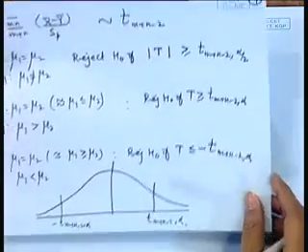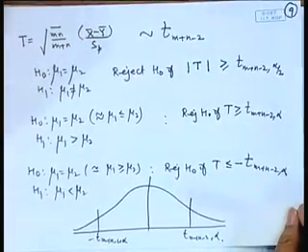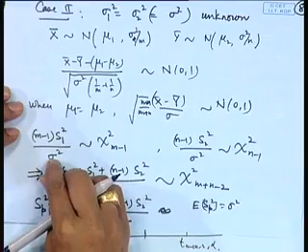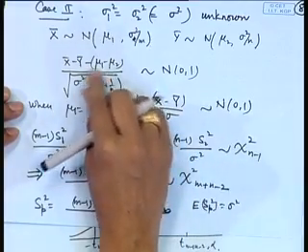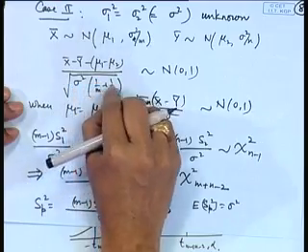On the other hand, there may be a situation where sigma 1 square and sigma 2 square may not be equal, they may be unknown as well as unequal. If that is so, then we may not be able to merge them here. For example, here we will have sigma 1 square and here we will have sigma 2 square. Likewise, here also we will have sigma 1 square by m plus sigma 2 square by n.